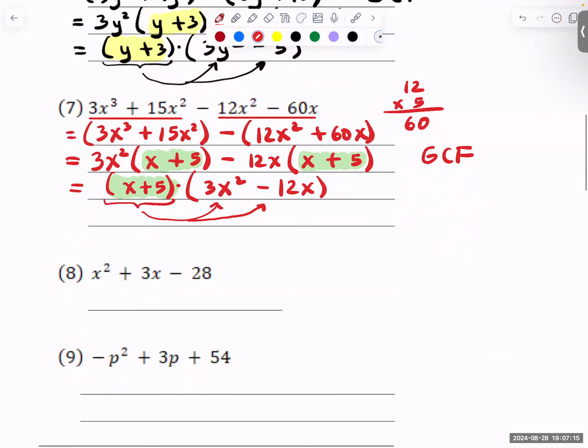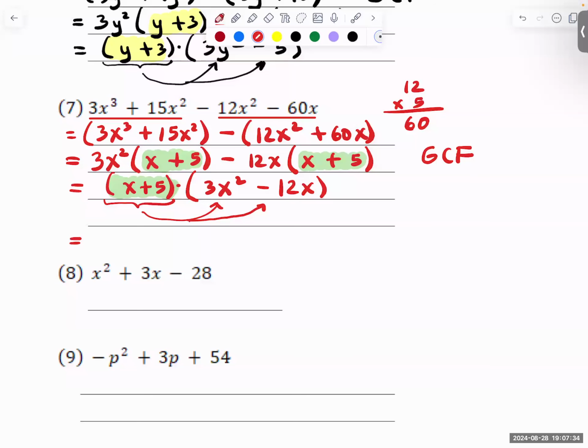We check and see if we can factor further. If either binomial has a common factor, 3x squared minus 12x has a common factor of 3x. So we need to factor out 3x to factor completely, factor fully.